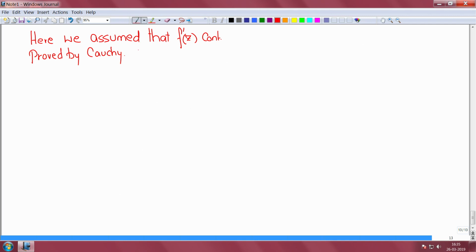But then Goursat came along and removed the condition that f dash of z had to be continuous.